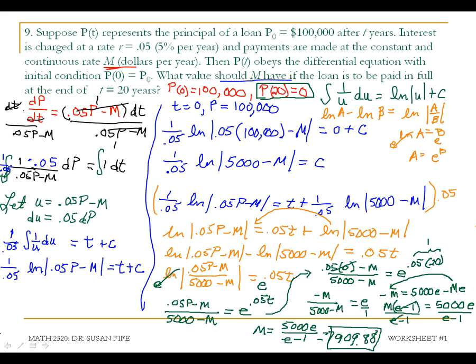And so if you pay 7909.88 per year for 20 years, and initially you've borrowed $100,000 at 5% annual interest, then your loan will be paid off in the 20 years.